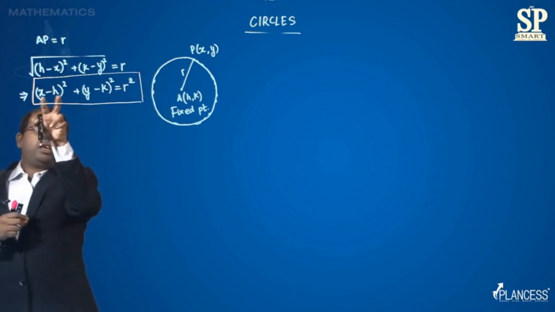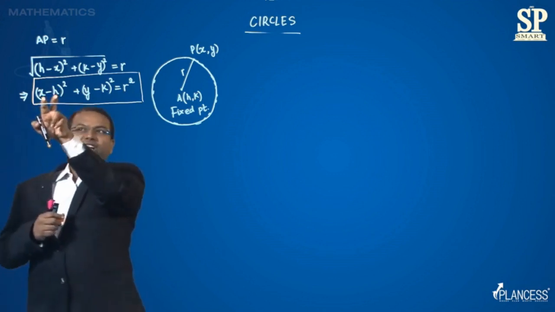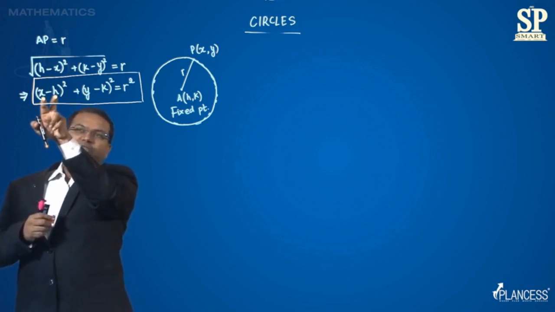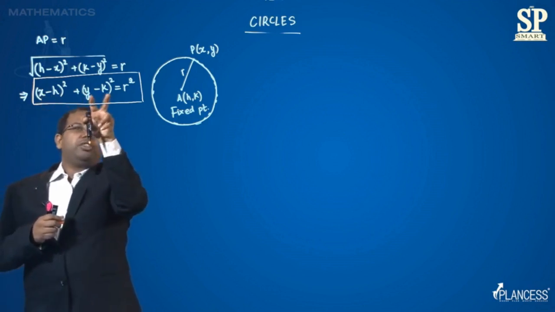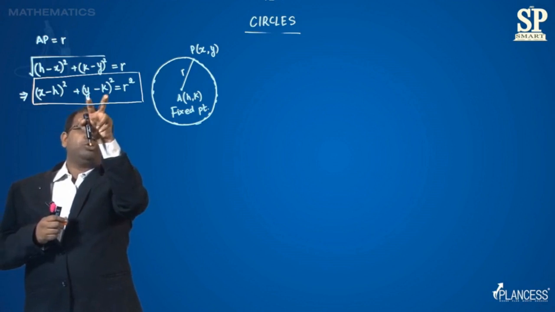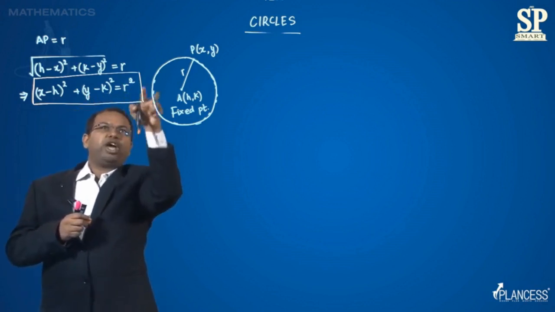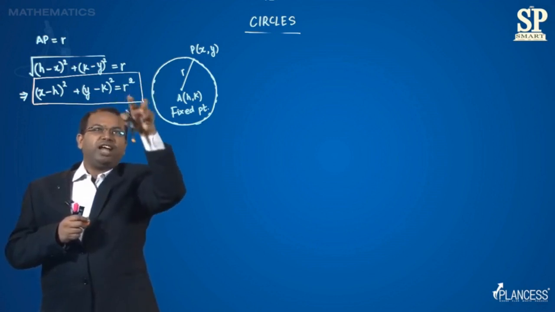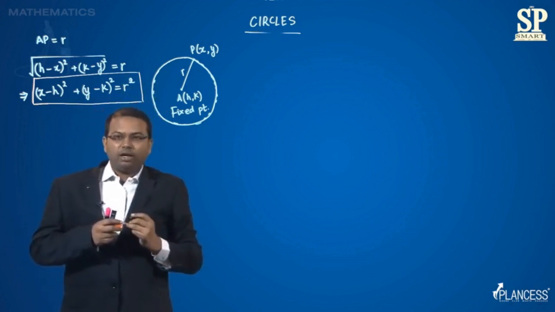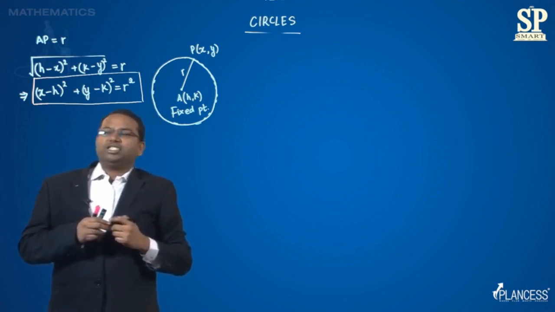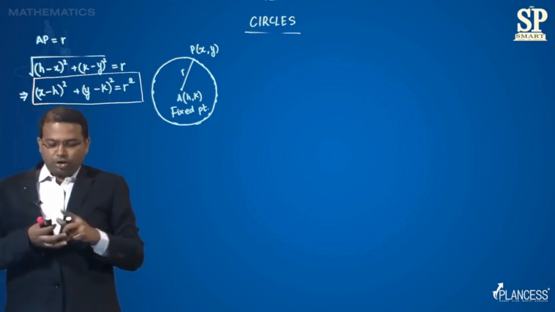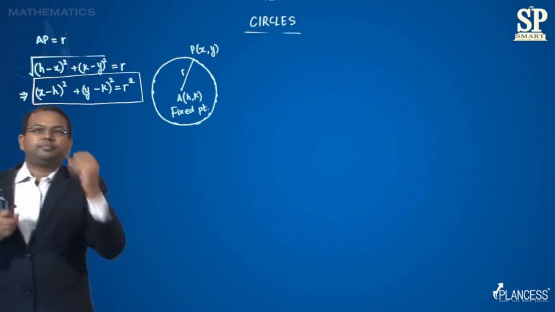If you put the term inside the first bracket equal to 0, you will get the x coordinate of the center, and if you put the other bracket equal to 0, you will get the y coordinate of the center. And if you take the square root of the constant on the right hand side, you will get nothing but the radius. So this is the standard equation of a circle.